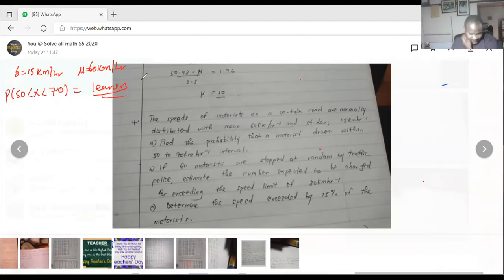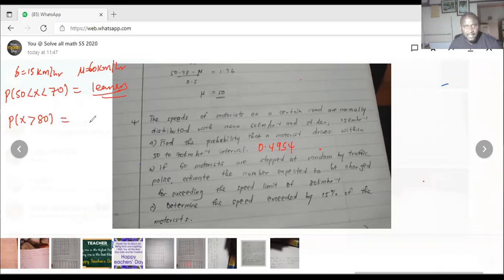The second one, actually, let me give you the answer. The answer is 0.4954. If 60 motorists are stopped at random by the traffic police, estimate the number expected to be charged for exceeding the speed of 80 kilometers per hour. Also, that one learners can do. X greater than 80, you standardize and get the probability.